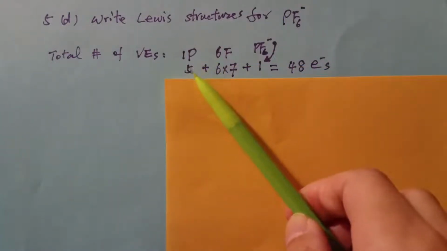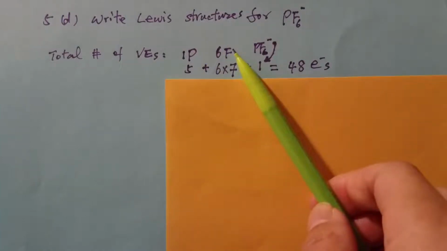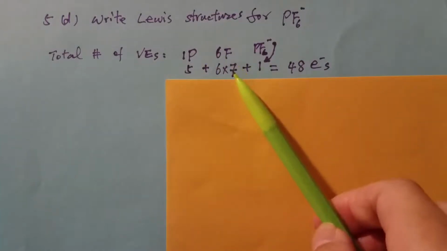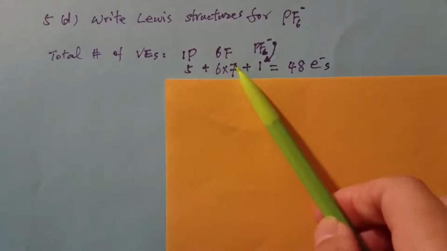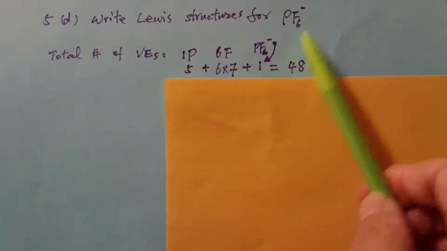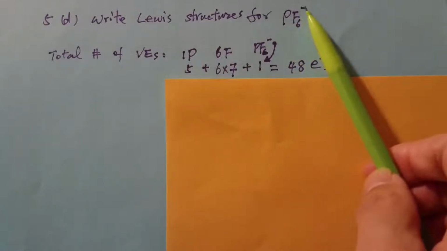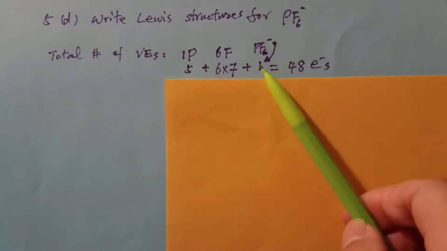One phosphorus, that's in group 5A, 5 valence electrons. Each fluorine carries 7 valence electrons because it's in group 7A. 6 times 7. And then this polyatomic ion, this charge is -1. That's one more electron.